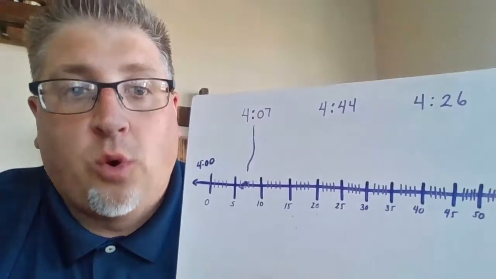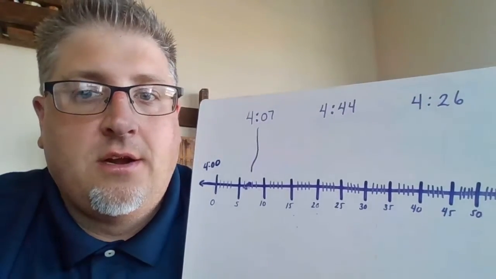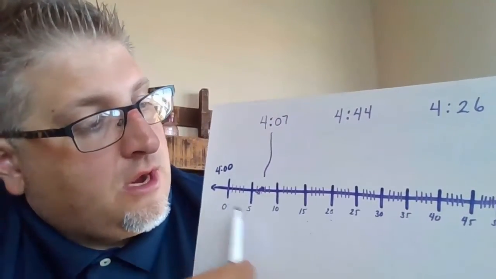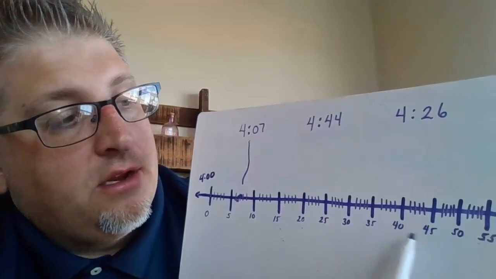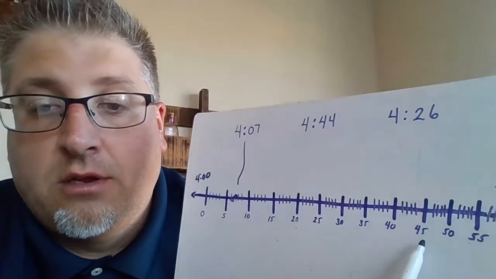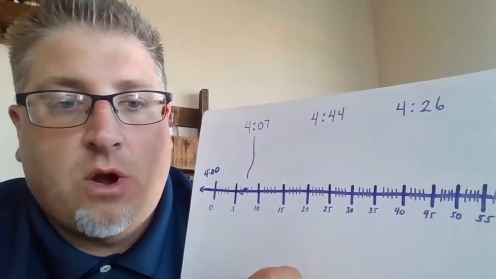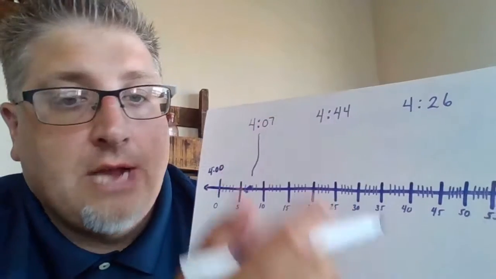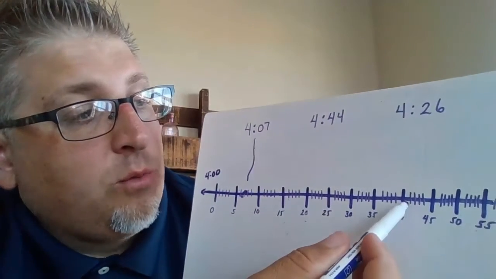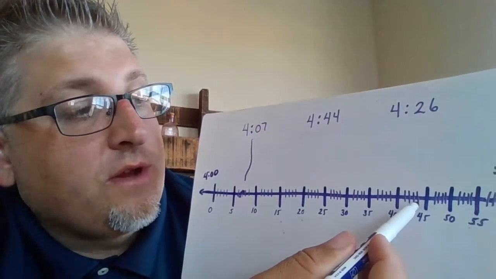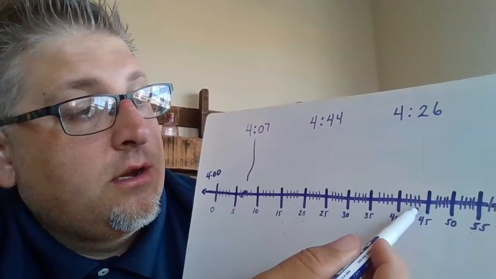Our next one is 4:44. A lot of 4s there. Okay, so 44. We come down here. Well, there's 40, and there's 45. So all we do is we follow our tick marks till we get to, you got it, the number 44. 41, 42, 43, 44. Okay?